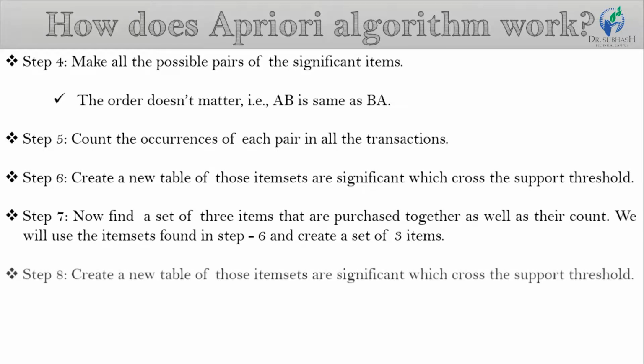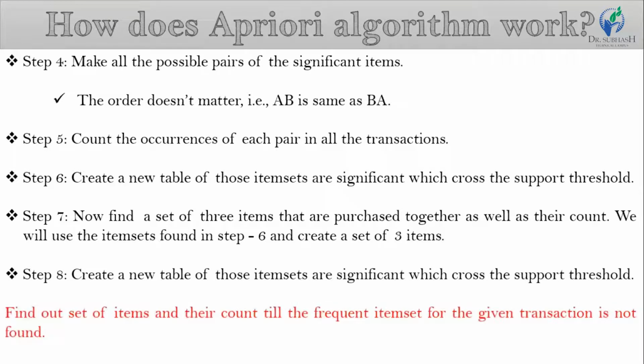Now, in step 8, we create a new table of those item sets that are significant, which cross the support threshold. Find the sets of items and their count until the frequent item set for the given transactions is found.